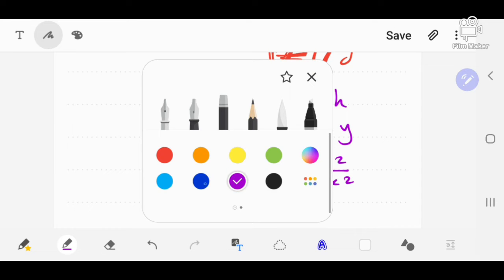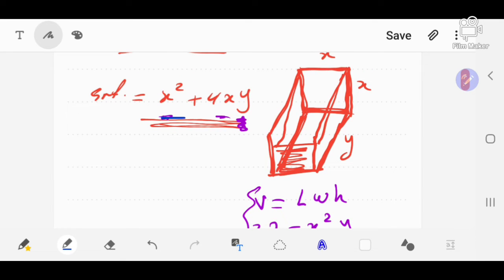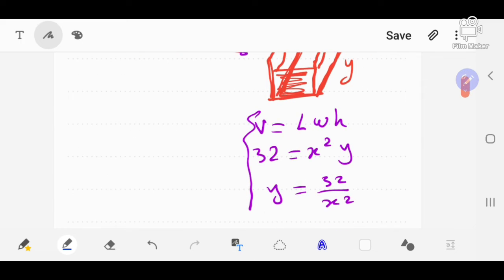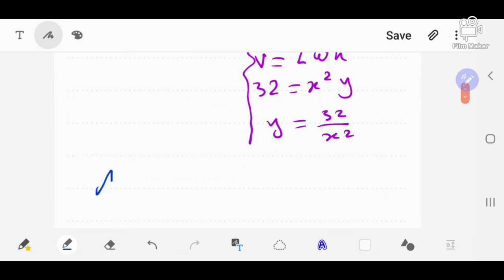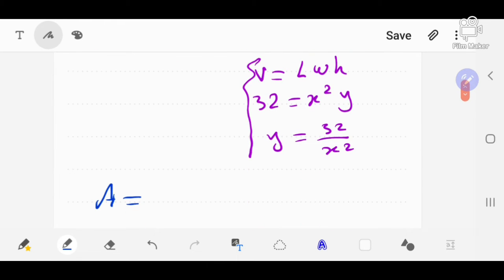Now let's apply it to our relation here. So A will be equal to, you can call it A or f, whatever, x squared plus 4x times y, which is 32 over x squared.